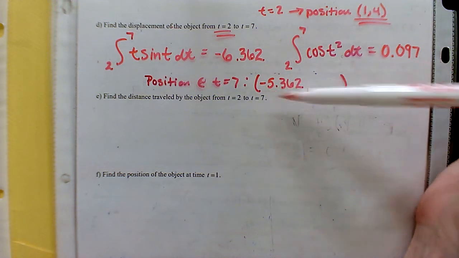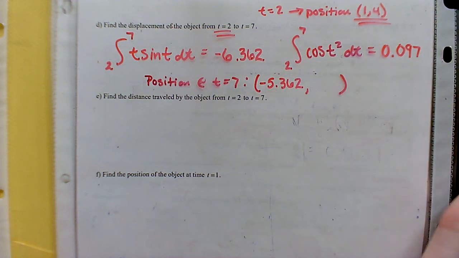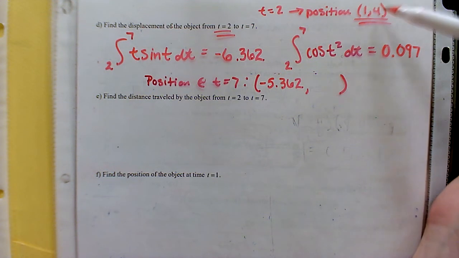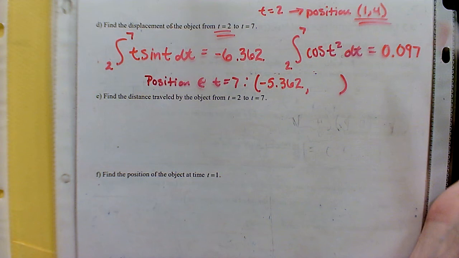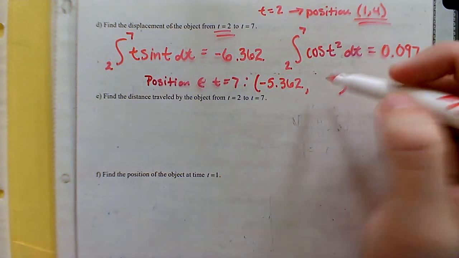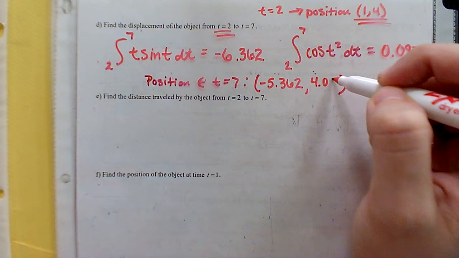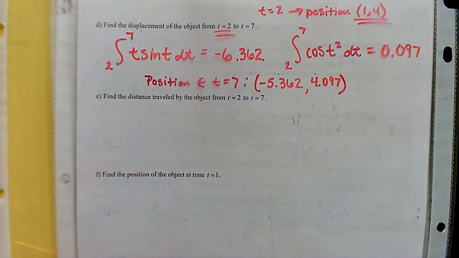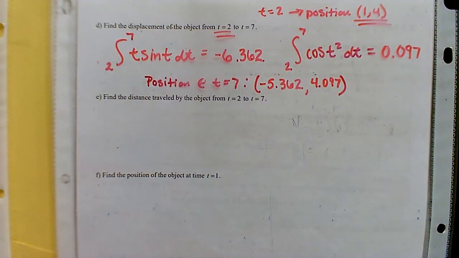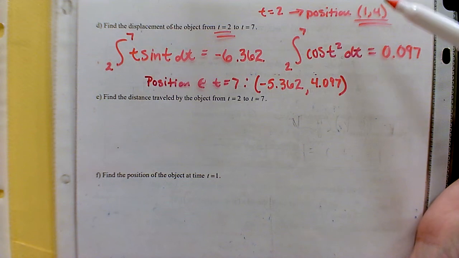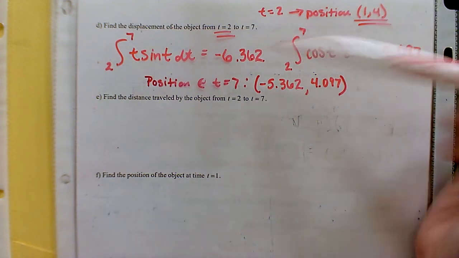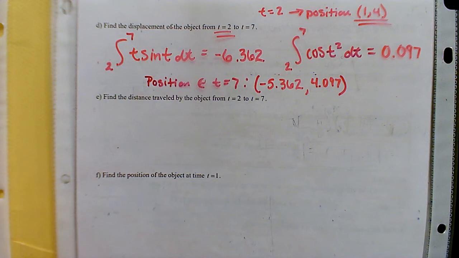So your ending x position at time 7 would be negative 5.362. We could do the same thing for the y-coordinate. If you start with a y position of 4, and you change 0.097 units, then you end at 4.097 at time 7. So we just have to take how much we start with, plus the change, and we'll get where we end at time 7.